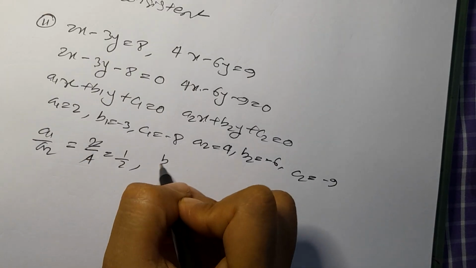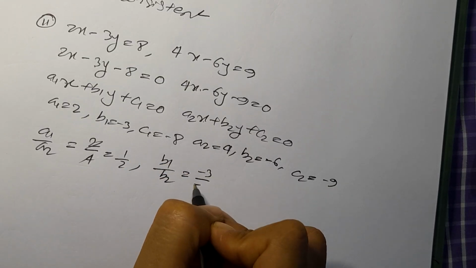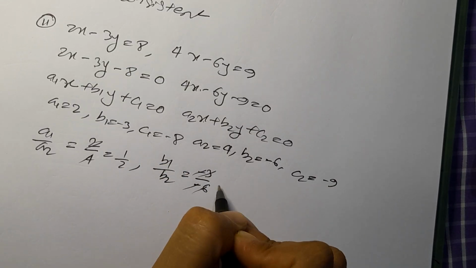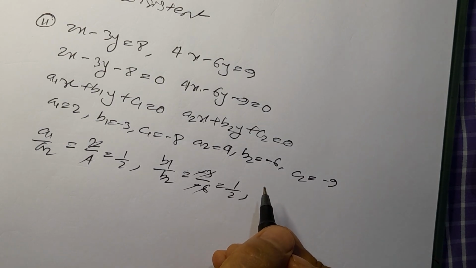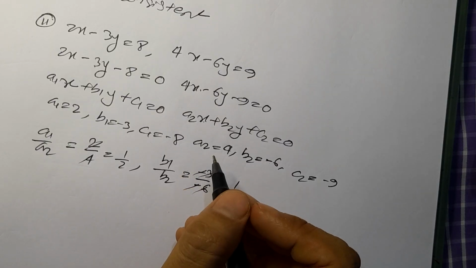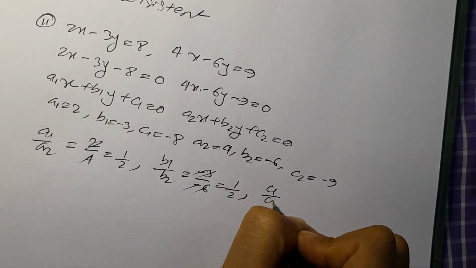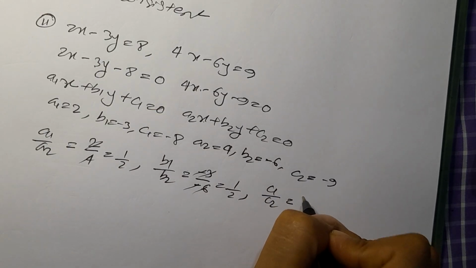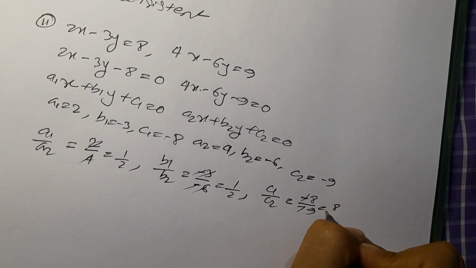Now b1 by b2: the value of b1 is minus 3, the value of b2 is minus 6. Minus and minus cancel, so we get 1 by 2. Now c1 by c2: c1 is minus 8, so it is minus 8 divided by minus 9. Minus and minus cancel, so it will be 8 by 9.